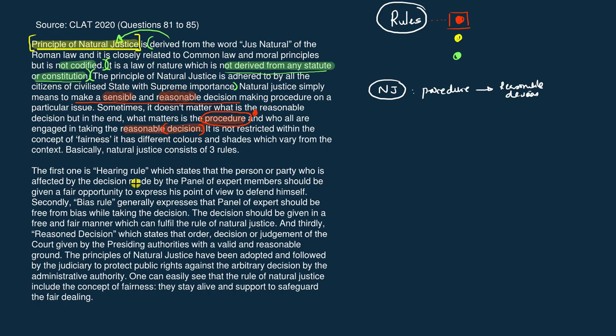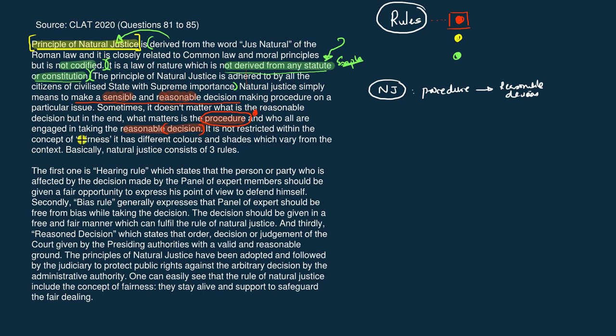Procedure is important, and that's a good direction. Therefore, that is my red signal. For example, the fact that it's not derived from any statute or constitution is not giving me any source to make a decision, right? It's not a decision criteria sentence. It's merely explaining what natural justice is. This is actually giving me some path to make a decision, which is why that to me is a red signal. I hope I'm making sense here. Okay.